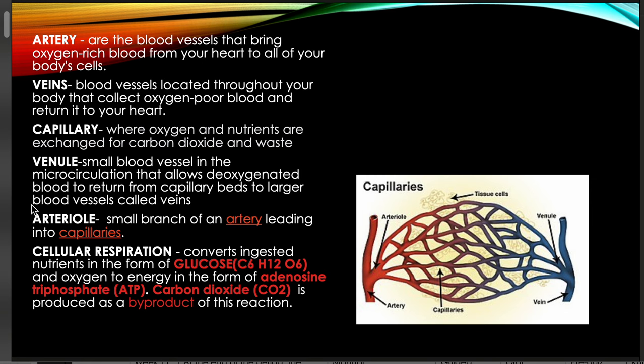Arterioles are small branches of an artery leading into capillaries. The point is they are smaller. Then at the capillary part, that is where the exchange happens. Your capillary beds are the part where they meet.